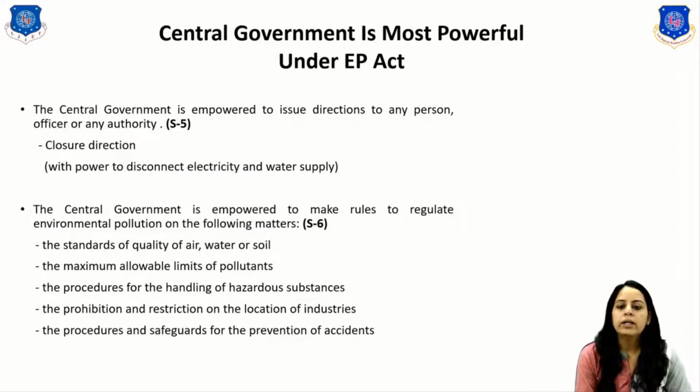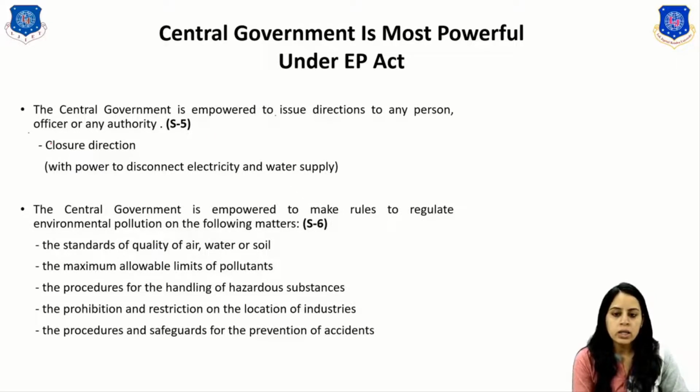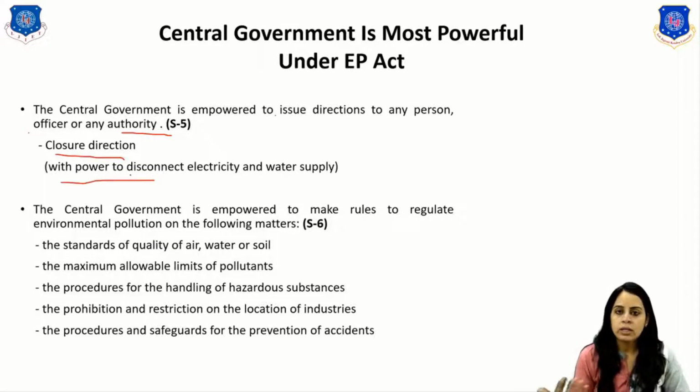The central government is empowered to issue directions to any person, officer or authority, including closure directions, with power to disconnect electricity and water supply.